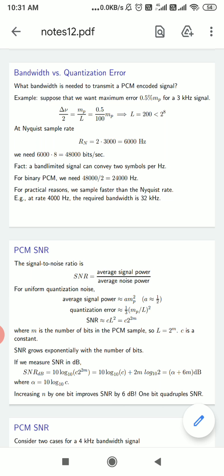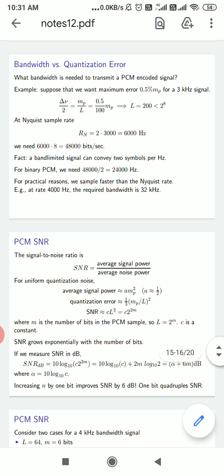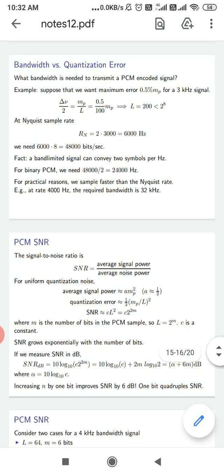And here they are saying for a 3 kilohertz signal. It means F max is 3 kilohertz. According to the sampling rate, Fs will be 2 F max, so 2 into 3 kilohertz. So you will get the sampling rate Fs, or Rn, as 6000 hertz, or 6 kilohertz.